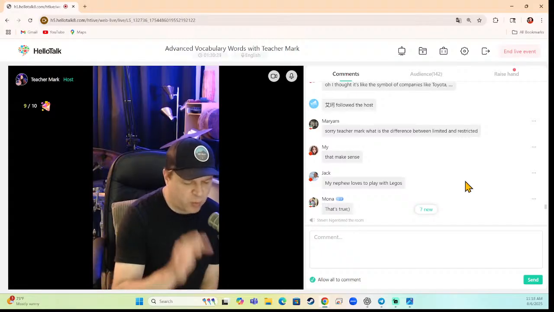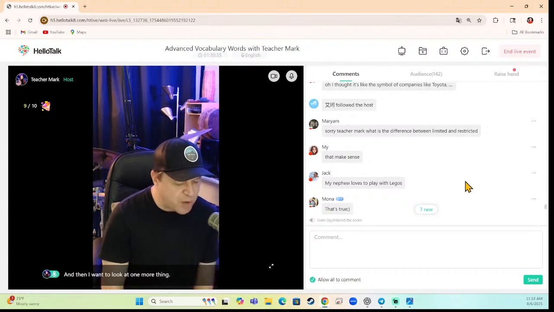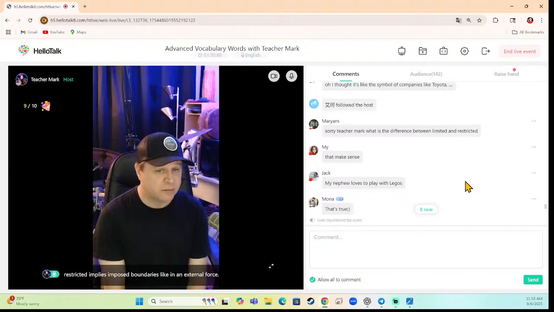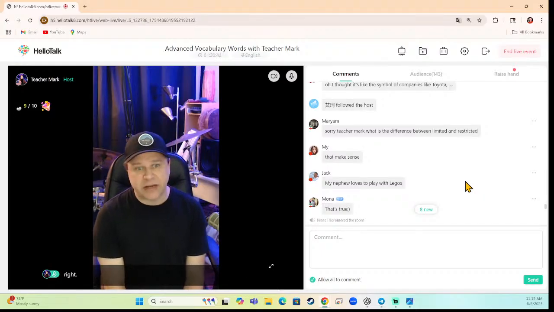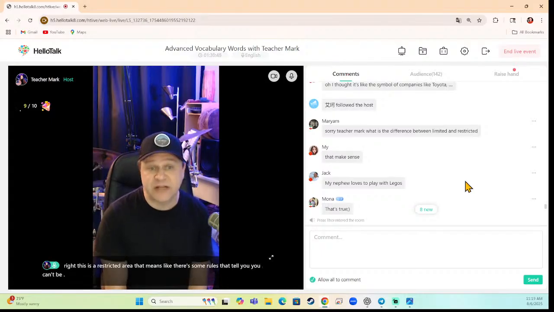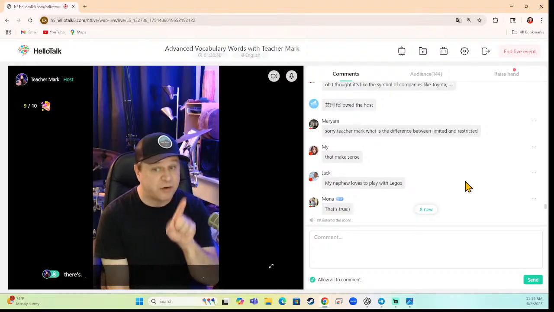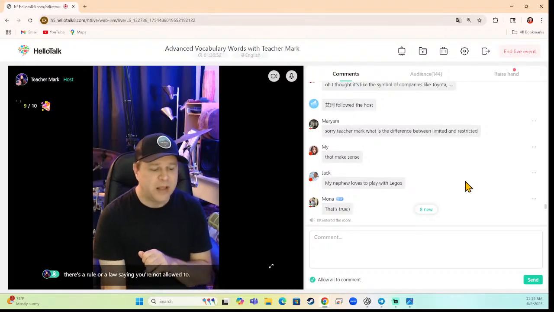And then I want to look at one more thing. Restricted implies imposed boundaries, like an external force, right? Like rules. This is a restricted area. That means there are some rules that tell you you can't be here, okay? You're restricted from communicating with this person. There's a rule or a law saying you're not allowed to, okay?